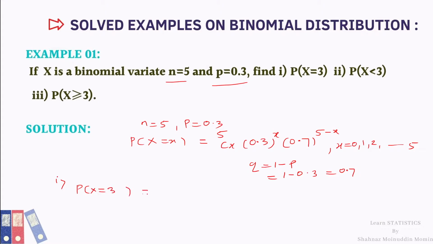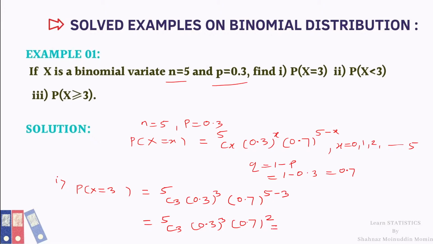Now we calculate the probability x equal to 3. By substituting x equal to 3 in the PMF, we get 5C3 0.3 raised to 3 multiplied by 0.7 raised to 5 minus 3, which is equal to 5C3 0.3 raised to 3 into 0.7 raised to 2.